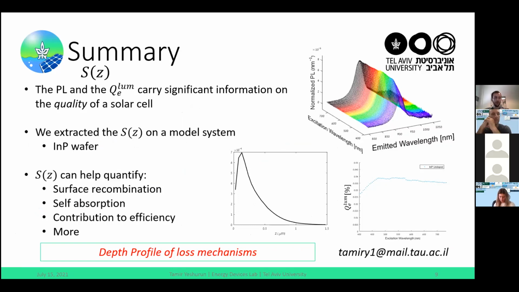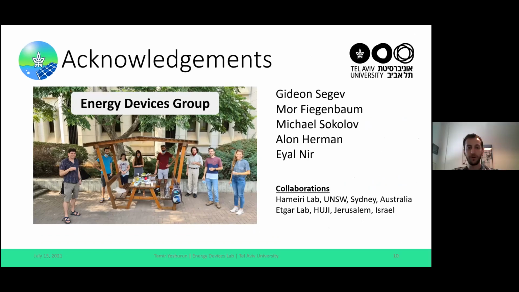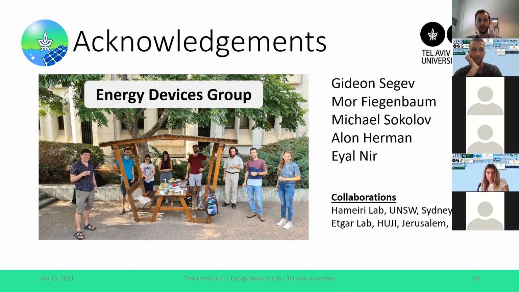And we know that there are maybe more things here. So if you have any insights or ideas, feel free to email me and we can talk about it. And yeah, basically that's it. Thank you. And I thank the entire group, and especially Maor and Gideon, that we worked on this project together.